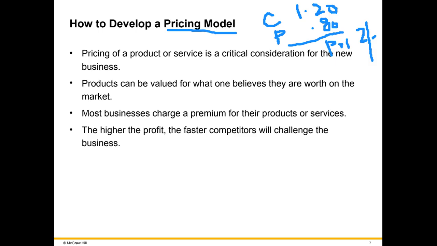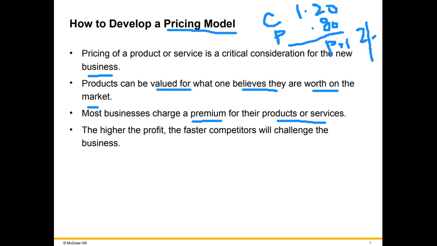Okay, so the price of a product or a service is a critical consideration for new businesses. A product can be valued for what one believes it is worth on the market. Most businesses charge a premium for their products and services, like they charge extra. If they are providing extra services or premium product quality, then they charge extra.